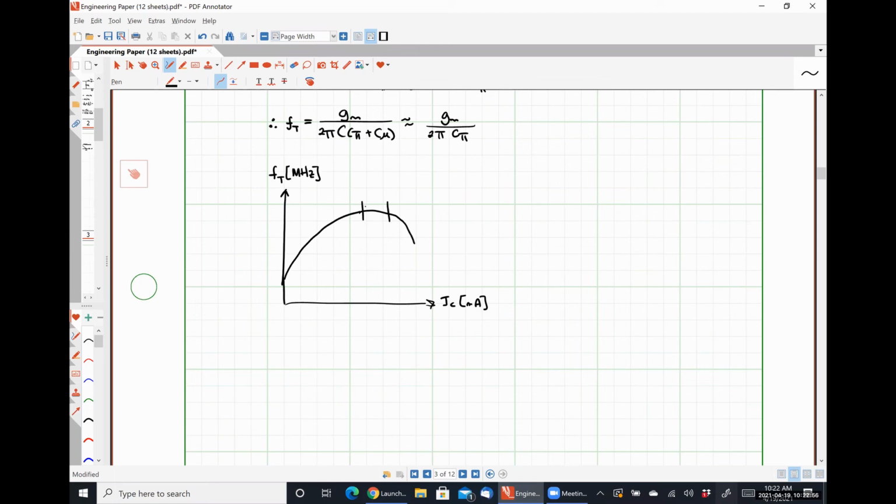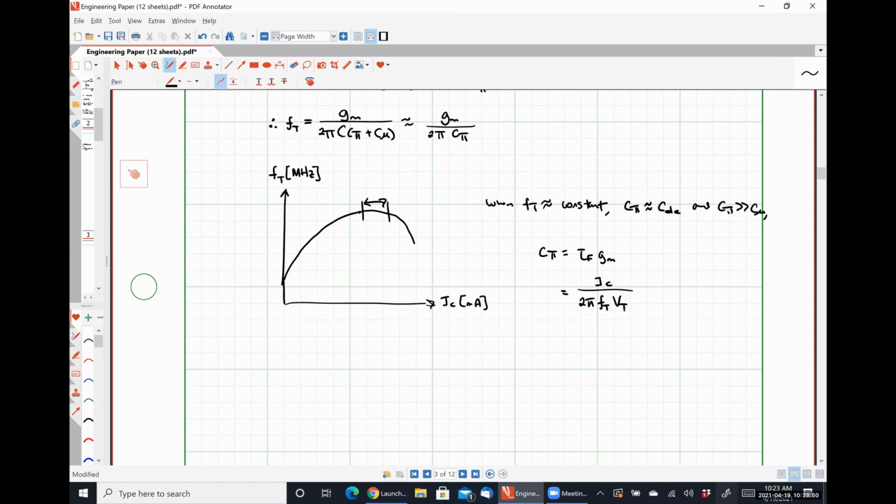And in this region here, where it's relatively flat, so when FT is approximately constant, C pi is approximately equal to CDE, and we know that C pi is much greater than C mu, giving us C pi is tau f times GM, which is equal to IC over 2 pi FT VT.